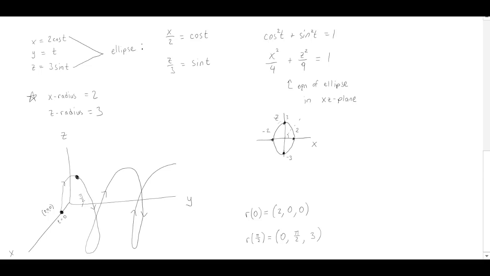So imagine where x is 0, y is pi over 2, and z is 3. Okay? And so at t equals 0, we're at this point, and at t equal to pi over 2, we're at this point. And then that keys you in on the direction being this way. Okay? All right, good. Any questions about that?